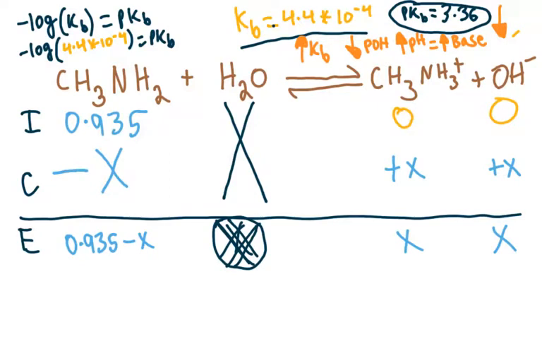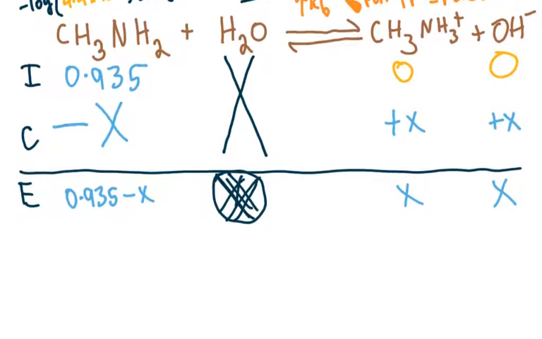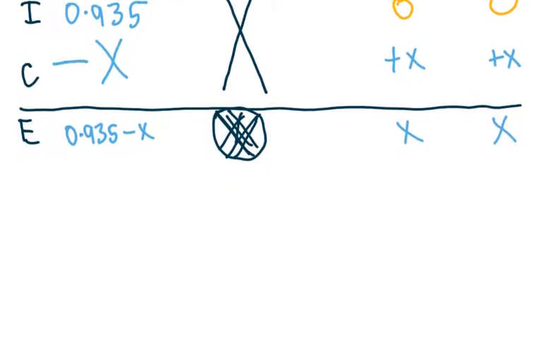I'm just trying to indicate that we don't need the concentration of water to calculate the pH and the pOH. Now, since we're working with a weak base, we need a Kb, or base dissociation constant, equation. So let's write that down.